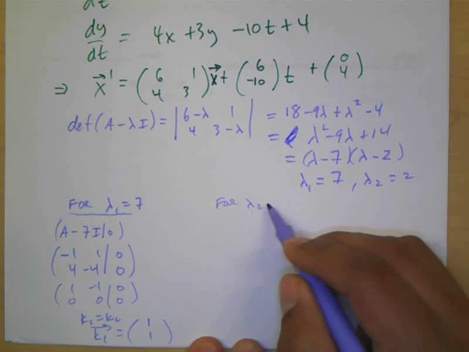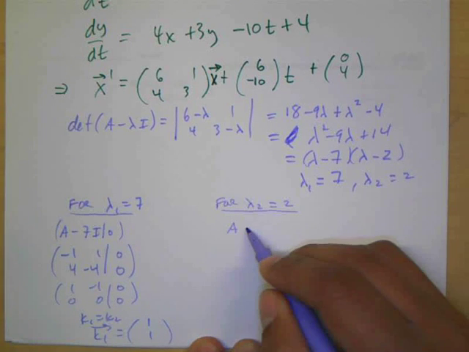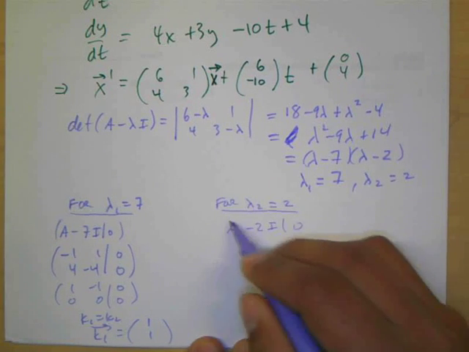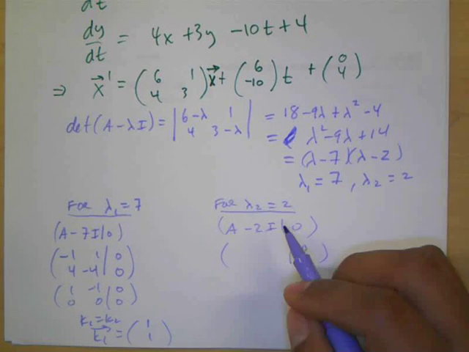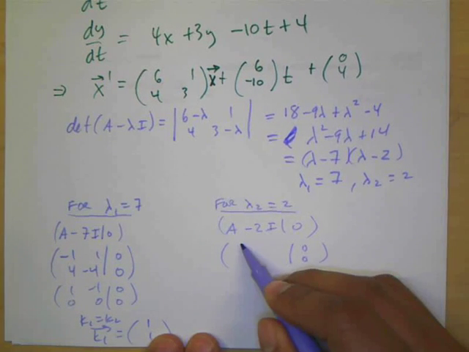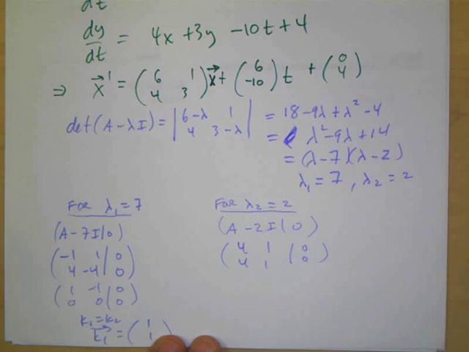For lambda 2, subtract 2 along the diagonals. 4, 1, 4, 1.